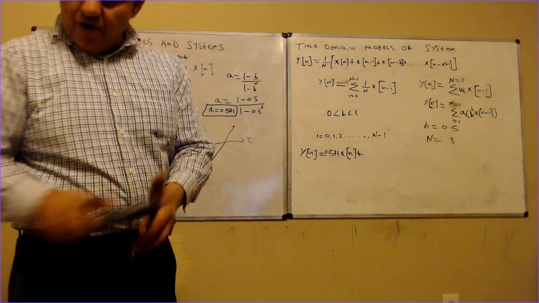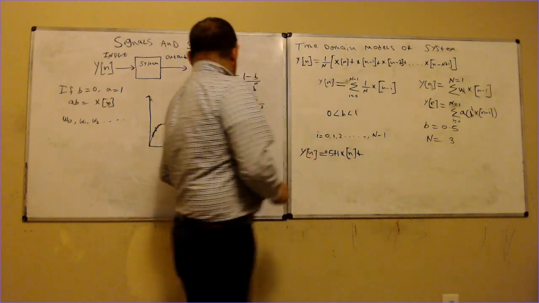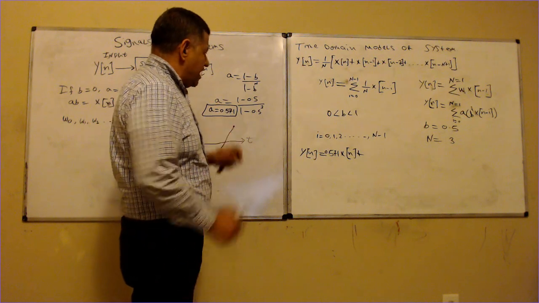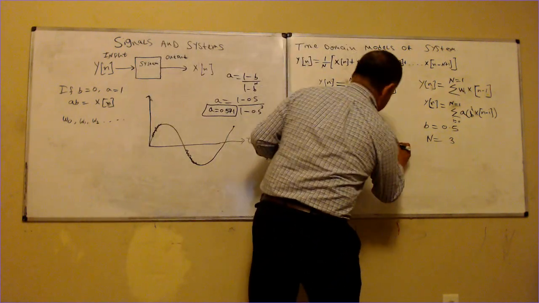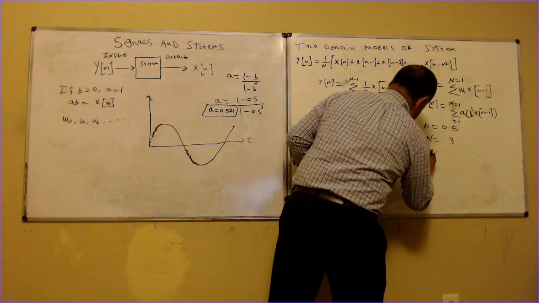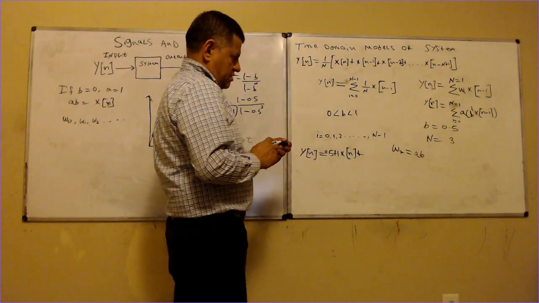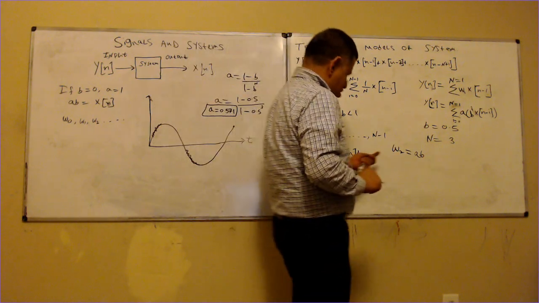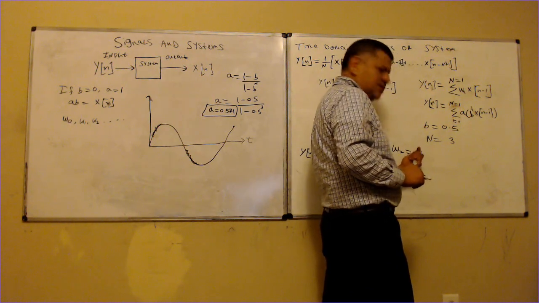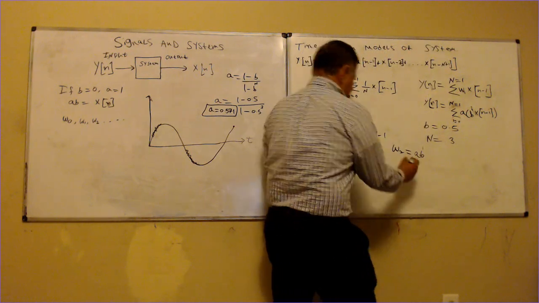Now B is 0.5, so we know that A in this case is that. So now we use the value of A, so we say that W2 is equal to A times B. Now, if you look at this, A times B to the first power, which doesn't matter right here. A times B to the 1 power.